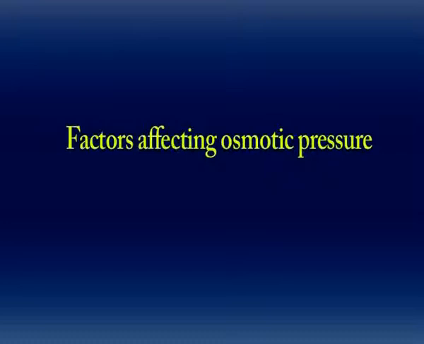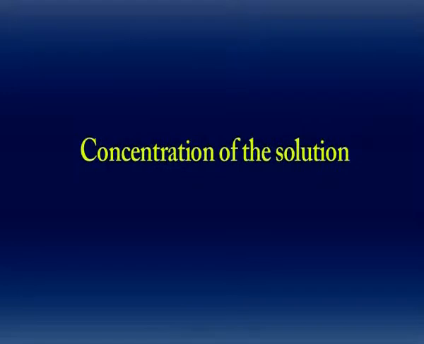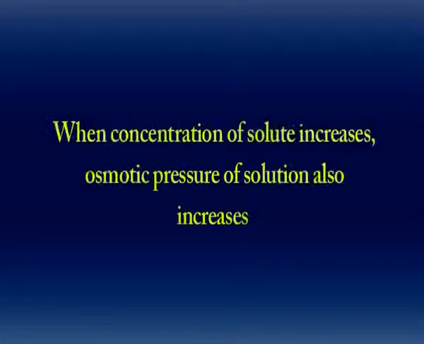The various factors are concentration of solution. The osmotic pressure is directly proportional to the concentration of solution. When the concentration of solute increases, the osmotic pressure of the solution also increases.